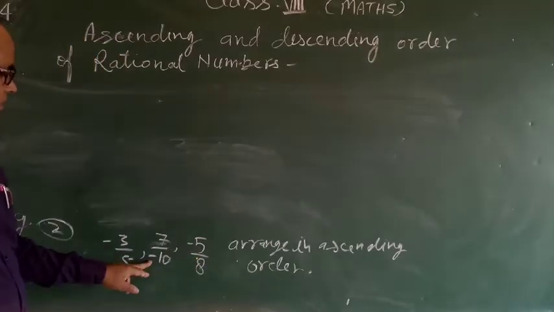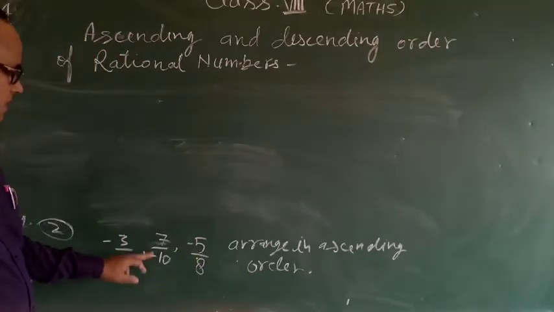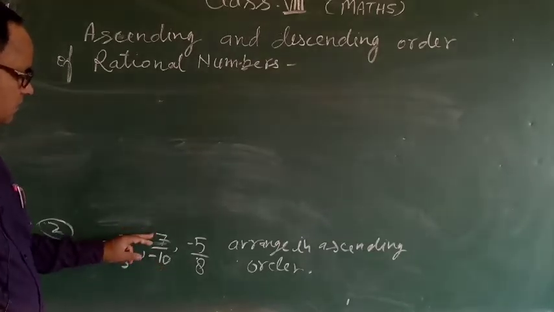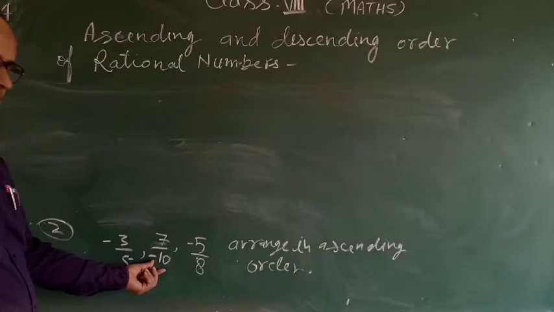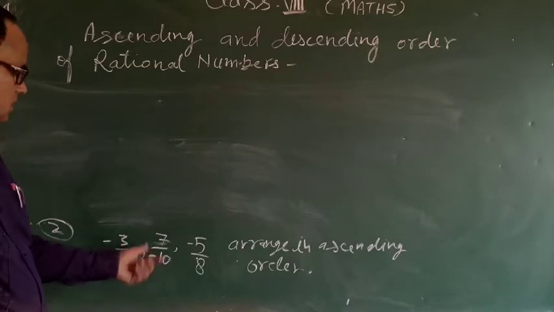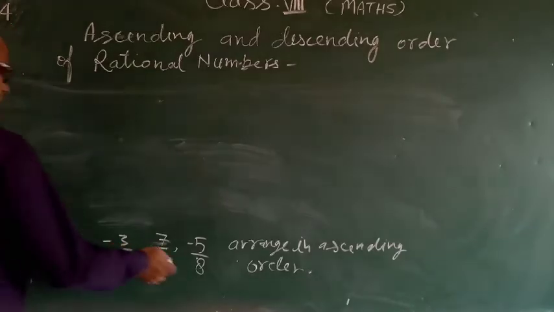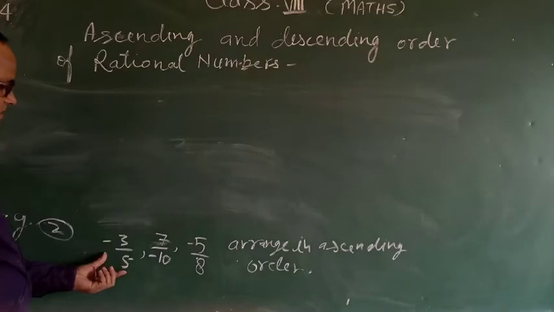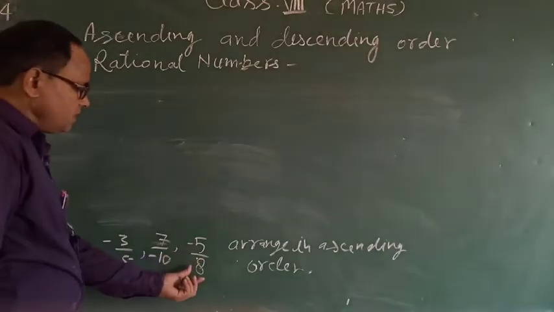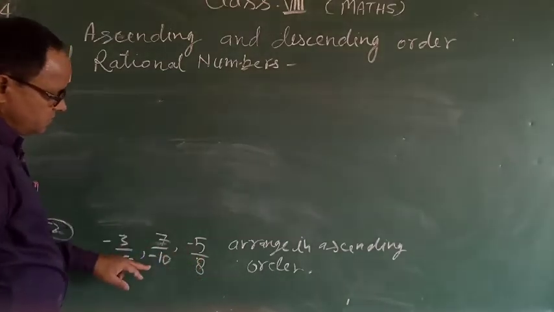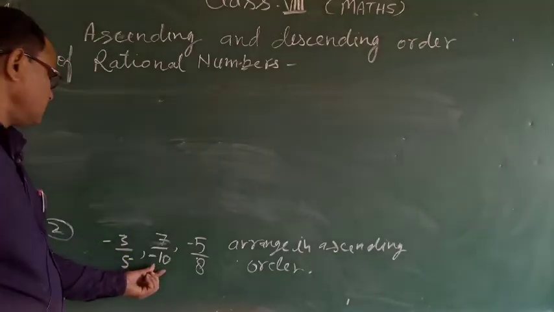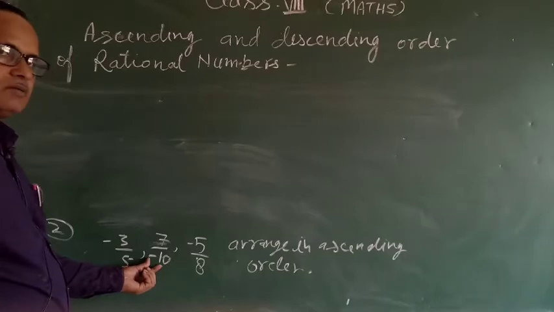Here 7/-10 is not in standard form. We convert it to standard form because the denominator should always be positive for a standard rational number. Minus 3/5 is in standard form, and minus 5/8 is also in standard form, but 7/-10 is not because the denominator is negative.